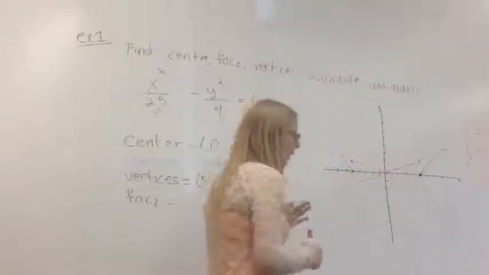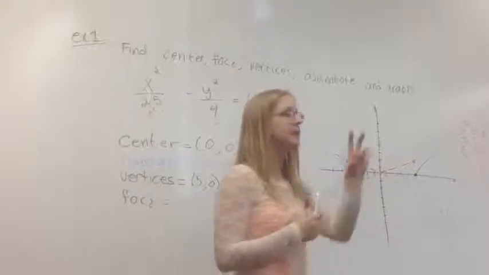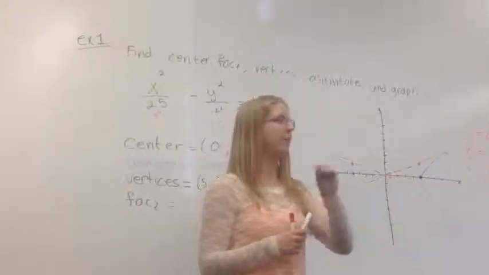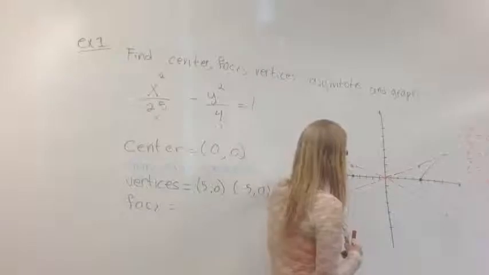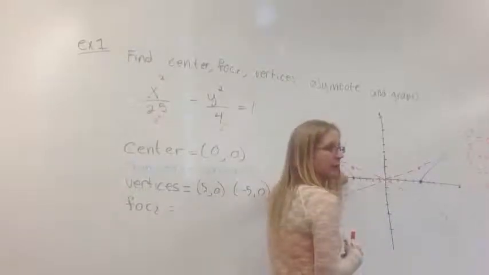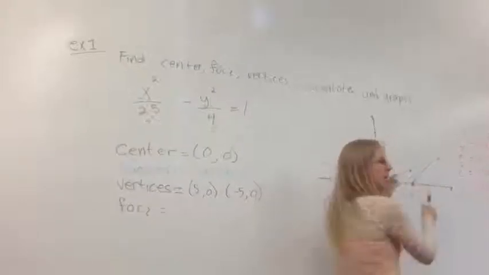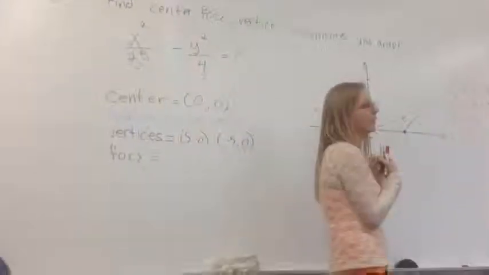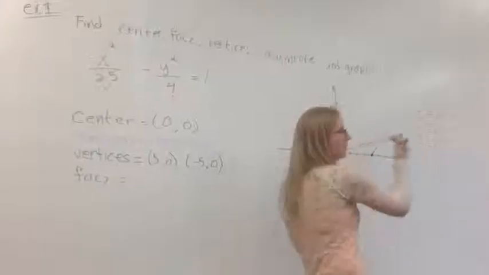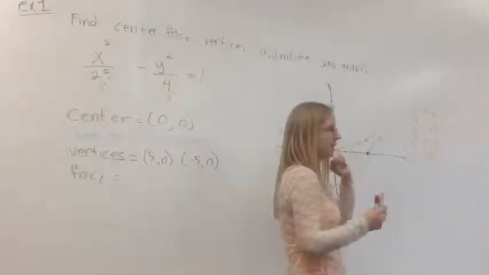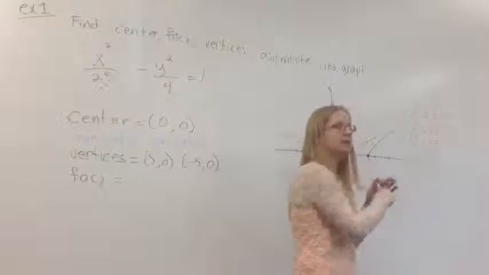So, foci. Just as they were for the parabola, the foci need to be inside the hyperbola. So somewhere over here, right? There's going to be a focus here, and there's going to be a focus here. Does that mean the x-coordinate changed or the y-coordinate changed? See how I'm thinking it through?